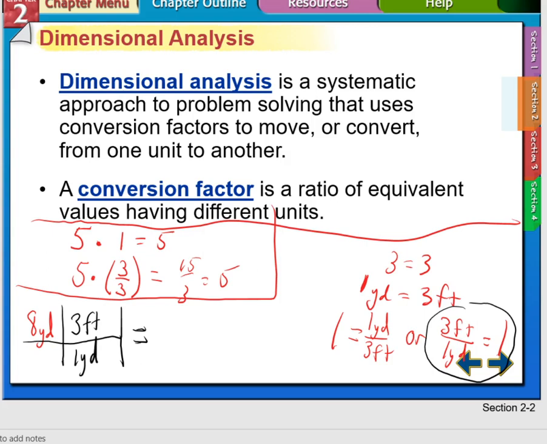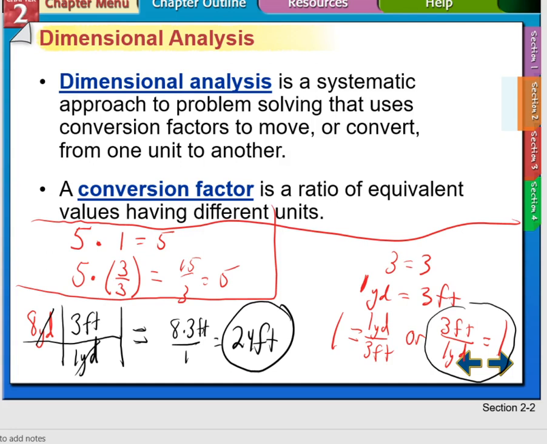It's a multiplication problem. How do we multiply fractions? Top times top over bottoms times bottom, and we're allowed to cancel because yards divided by yards cancels out. So this is 8 times 3 feet over 1, or 24 feet. That is how we do that. Okay?